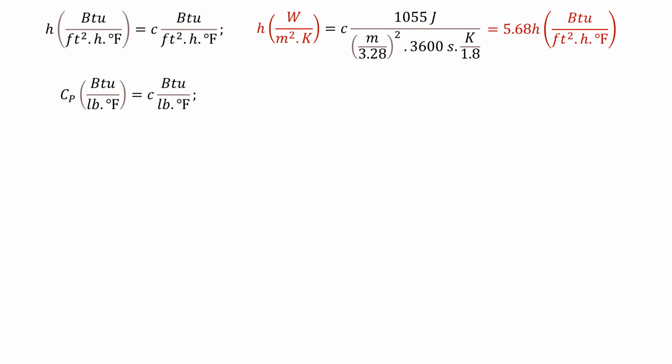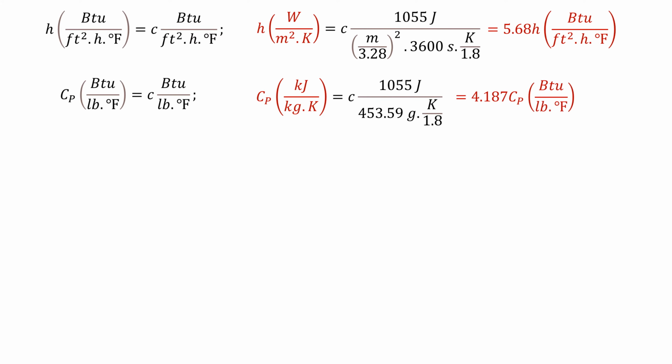Now in the same way we can write Cp equal to some constant and convert this unit to the desired units. We can convert this BTU to joule, this lb to gram and this Fahrenheit to Kelvin. So again we have correlated the Cp in different units.